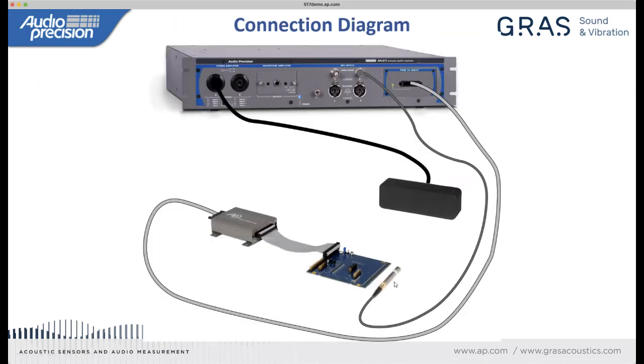This is pretty much exactly what our setup looks like today. I've got a source speaker connected to the power amplifier A connector, and we'll use that to generate a test signal. I've got a 1/4-inch microphone sitting just off from the microphone array under test, also connected to my 517 front panel.